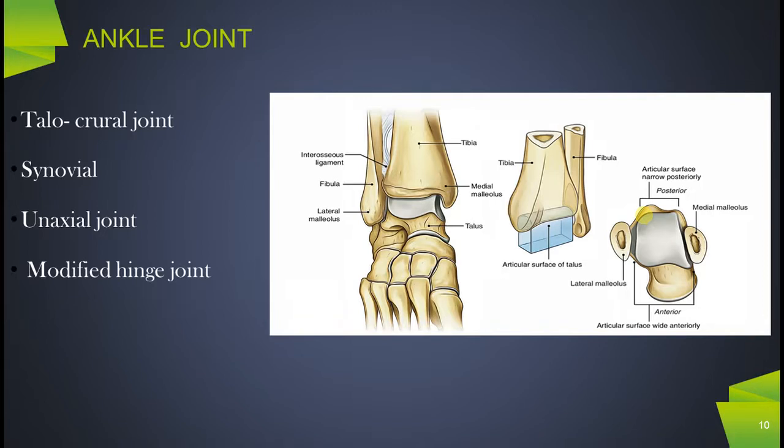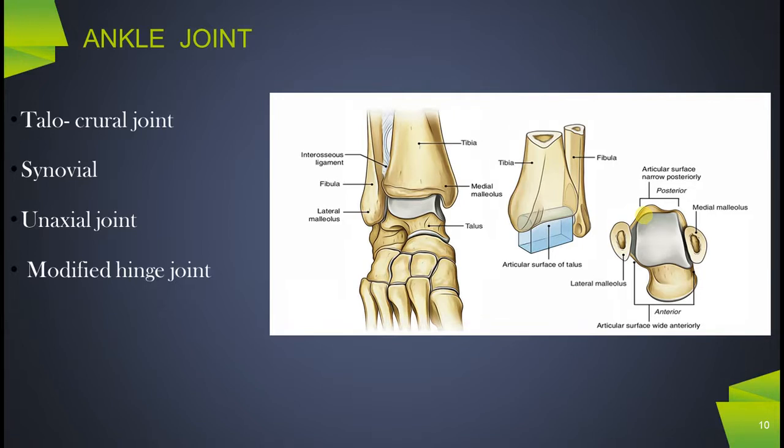So here movement is going to take place in only one plane, but it is a modified hinge joint. That means some associated movements are also performed along with this primary movement.